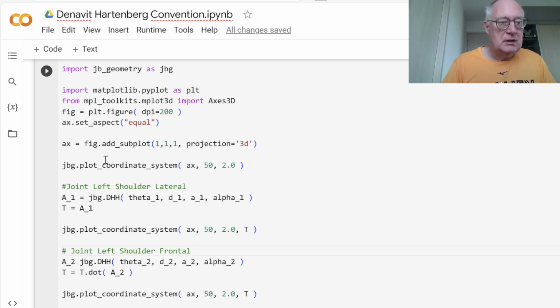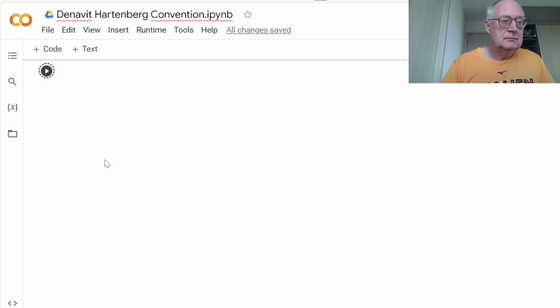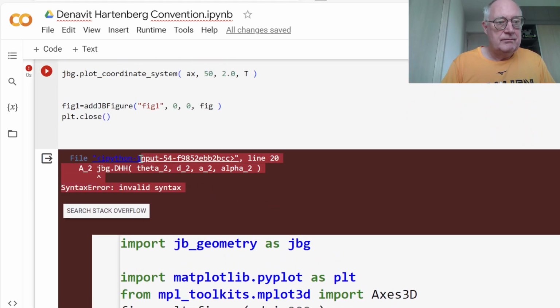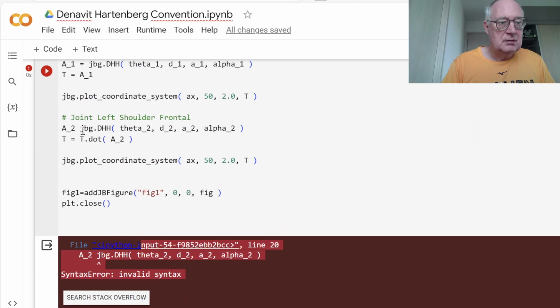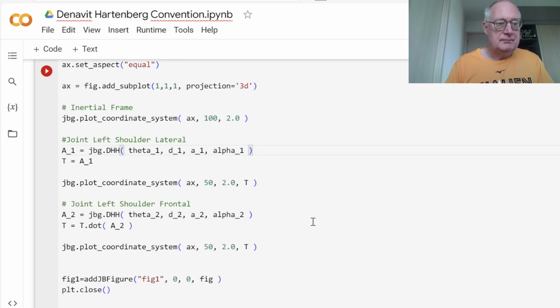Left shoulder frontal. Here is our inertial frame. And I wanted to make that one invalid syntax. Okay. I wanted to make that one a little bit longer. So let's make this one 10 centimeters, and the other one 5.